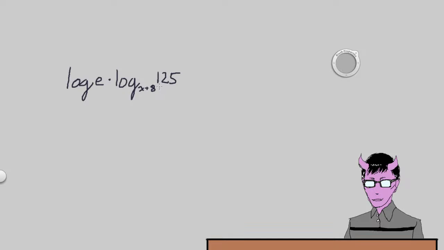This looks kind of weird. And then minus log base 10 of e cubed. I'm going to put in parentheses just for good form. This one I'll put in parentheses as well. That is all equal to 0. There's our problem.